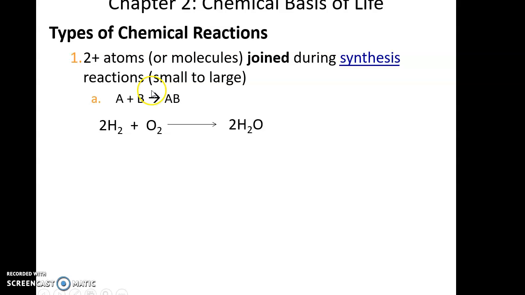So the generic formula would be A plus B yields AB. Again, with the hydrogens and oxygens, we have A hydrogens, B oxygens, and they yield AB, water, which has both hydrogens and oxygens. So synthesis, smaller things getting joined together to form a bigger thing, synthesizing water.